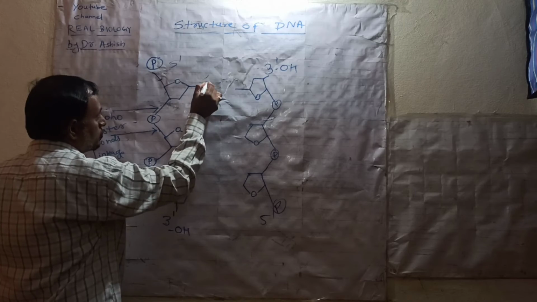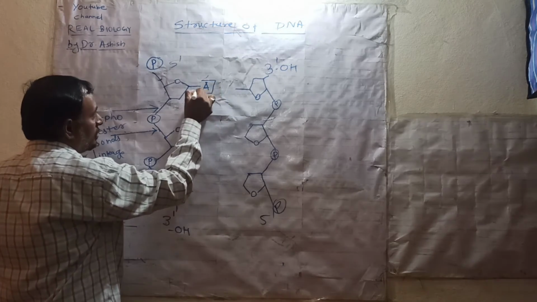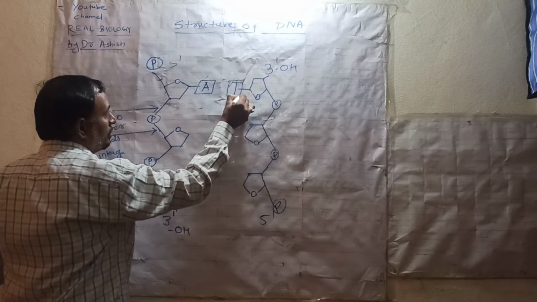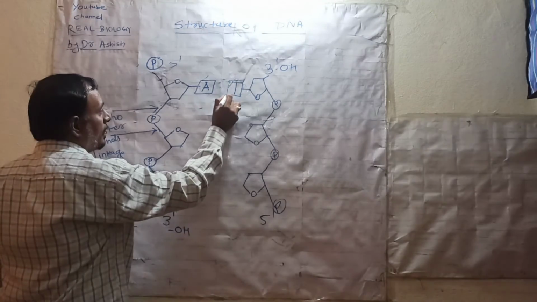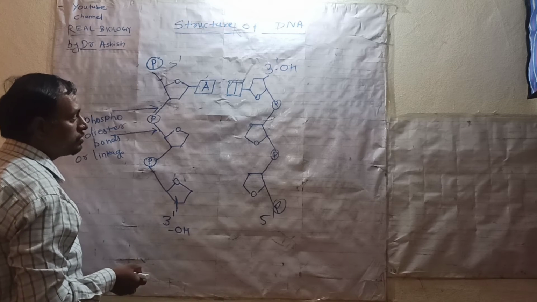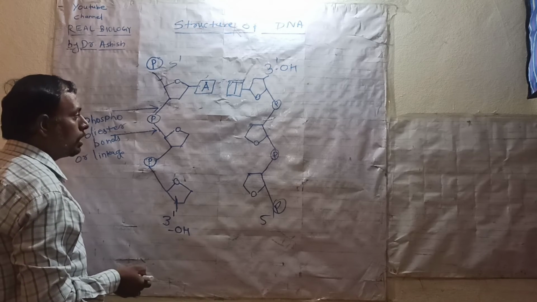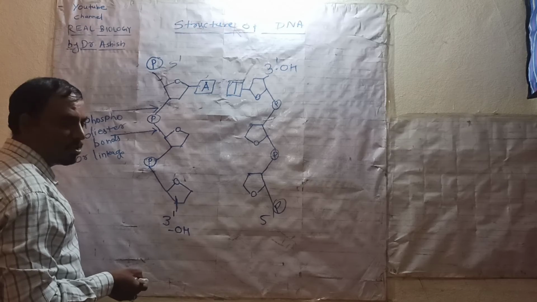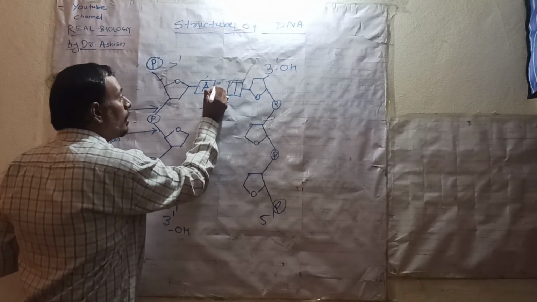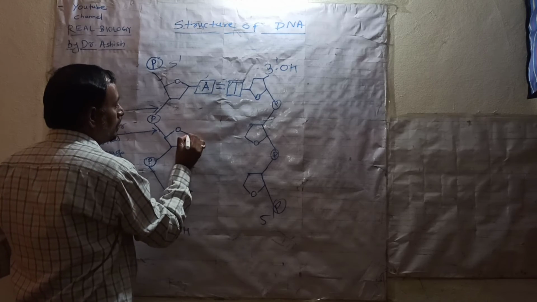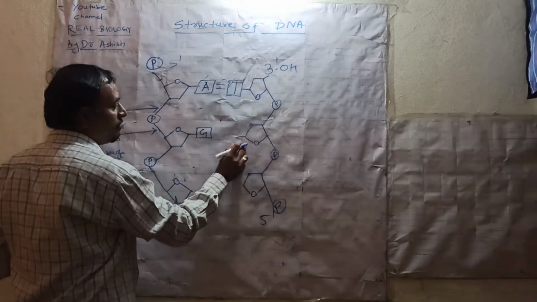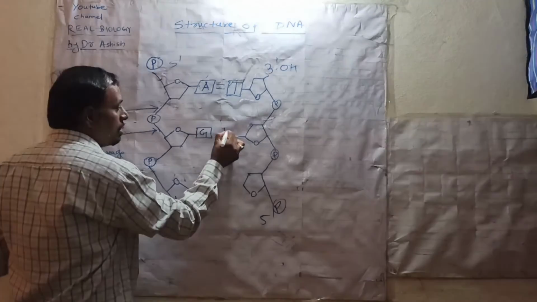Suppose on this strand the sugar is attached with adenine. On the other strand there must be thymine, because it is a rule. Adenine must join with thymine, or thymine with adenine, or guanine with cytosine, or cytosine with guanine. Here if we consider guanine, on the other side there must be cytosine at the first carbon of deoxyribose sugar.